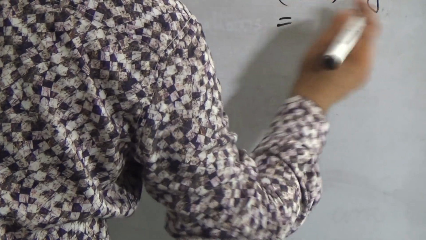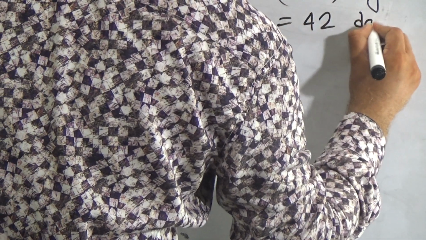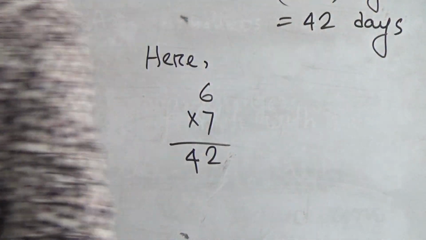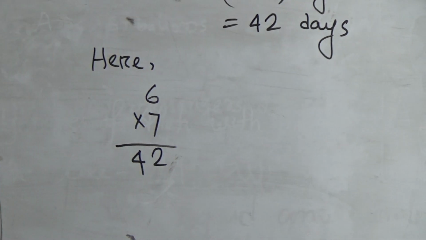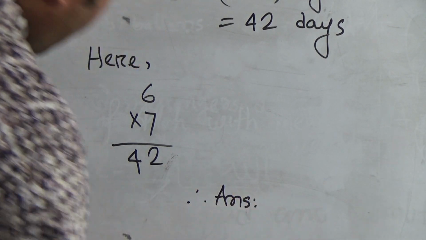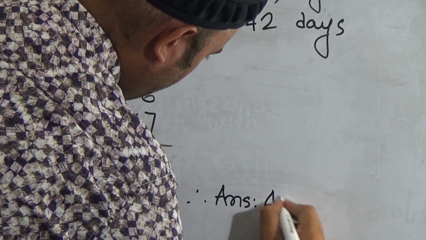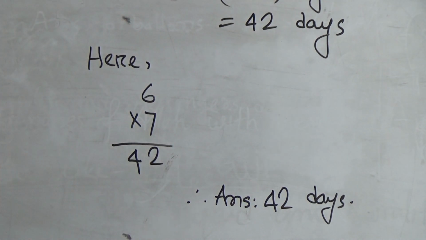So here 6 multiplied by 7, 6 sevens are 42 days. So Raju's father works 42 days in 7 weeks. So the answer is 42 days. My dear students, hope you understood this one.